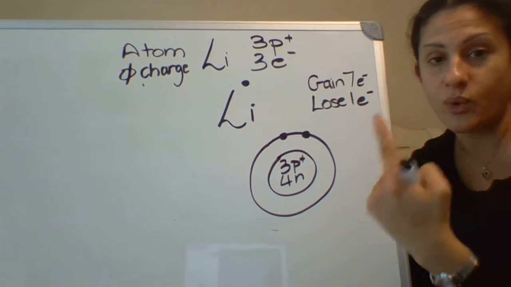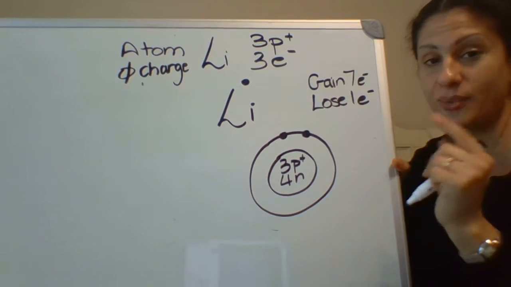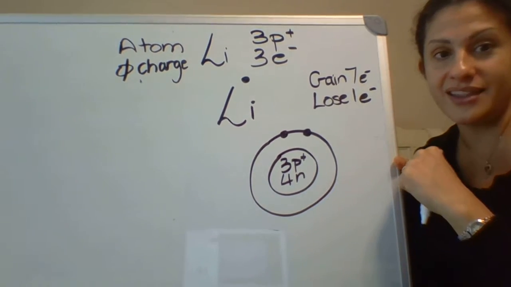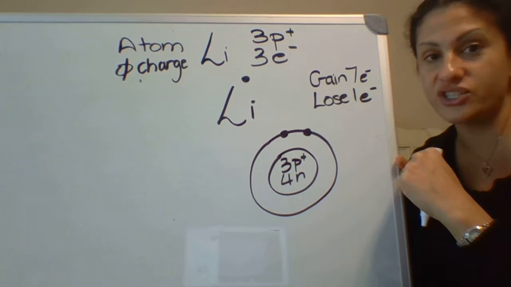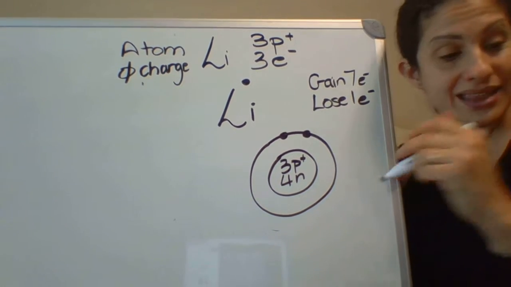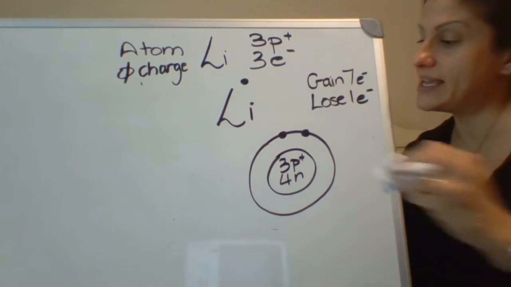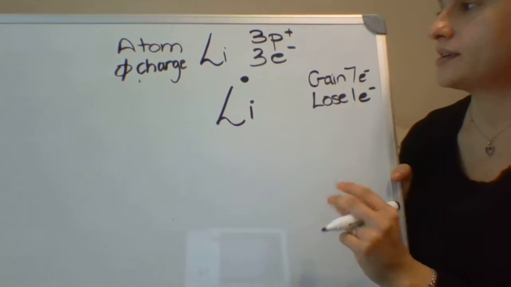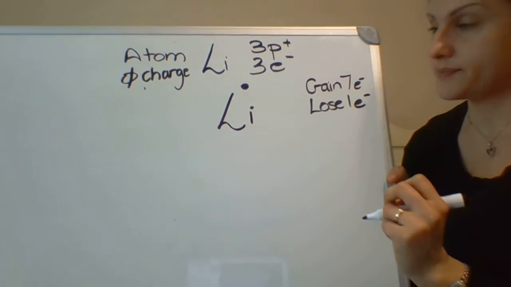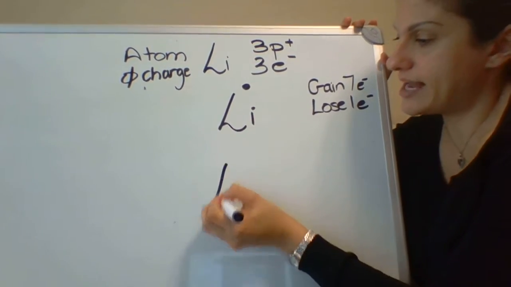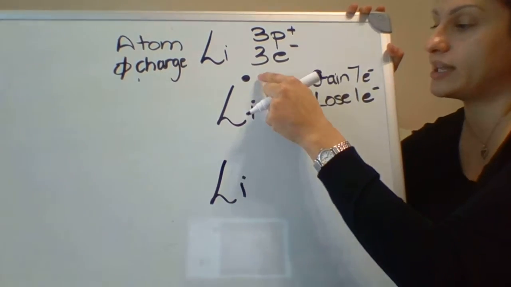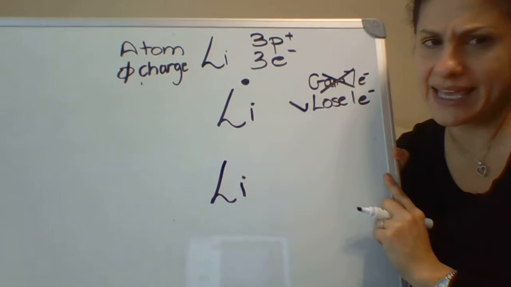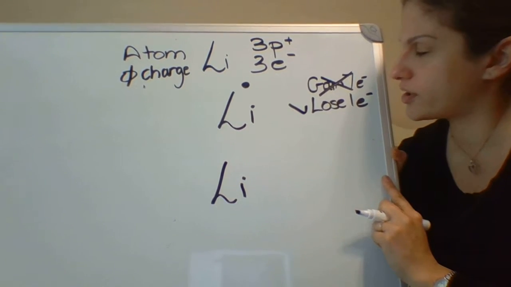Because remember, shell number 1 can only hold 2 electrons. So by giving up its valence electron, lithium actually achieves the ideal state of a full valence shell. So what lithium is going to do is lose an electron, and it's going to lose this one. So let's say I now draw the Lewis dot without this 1 electron. It's going to choose to lose the 1 electron, not gain 7, because that's not going to work.